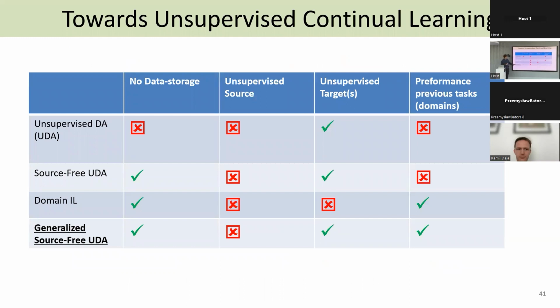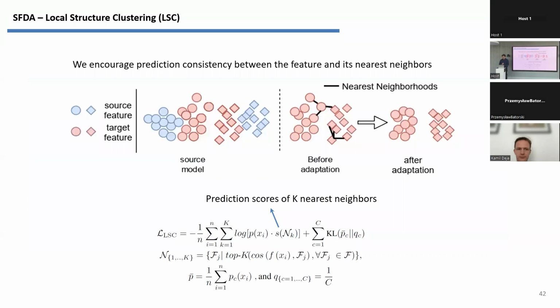So in this table, we have now 3 classes, and it still needs supervision in the source domain. Let's say the base method is really the method I discussed at the beginning of the previous one, where we just push neighbors to have the same probability, which is given in the first part of this loss, the log between the probability of the sample and its neighbors, S and K. We have the diversity loss, which is this KL term there.